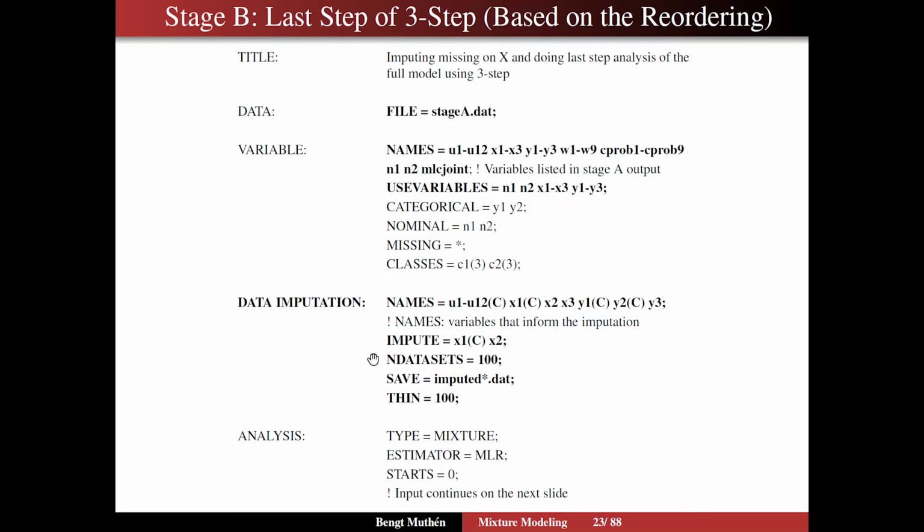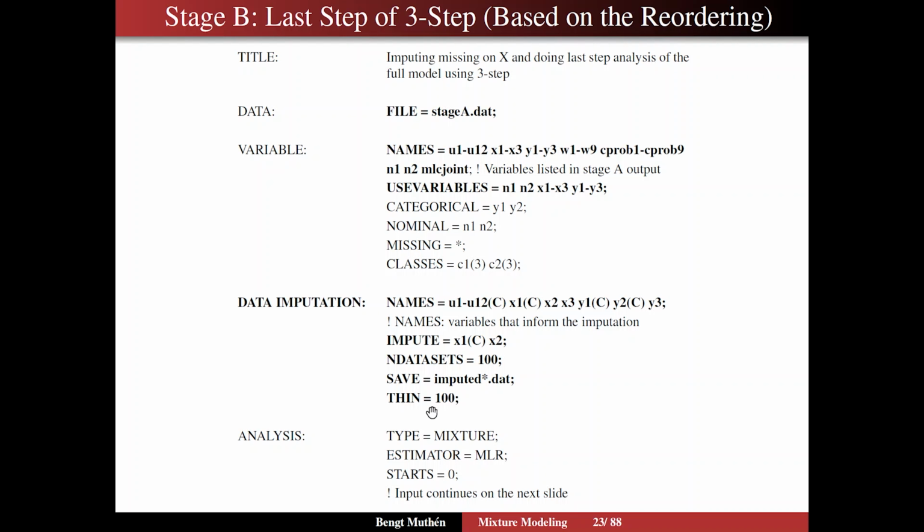And we're going to impute 100 data sets. We're going to draw 100 plausible values imputations to get 100 data sets which have observed information on X1 and X2 by imputation. And we're going to save that as imputed asterisk.dat, so a list of data sets.